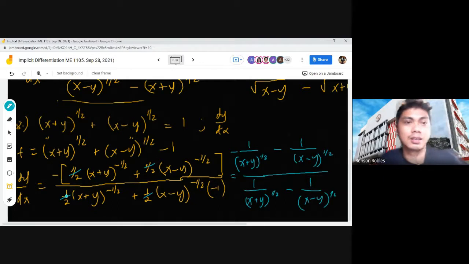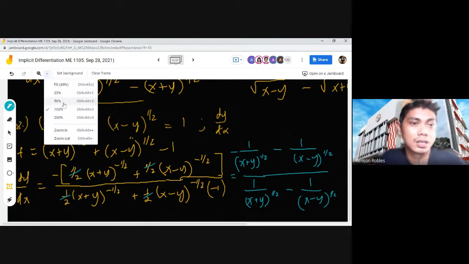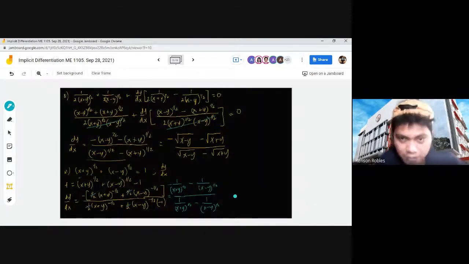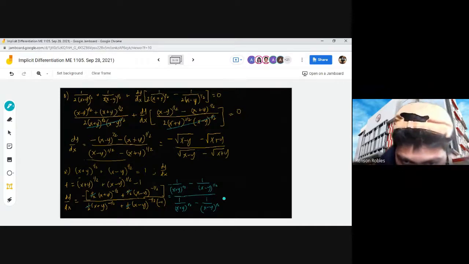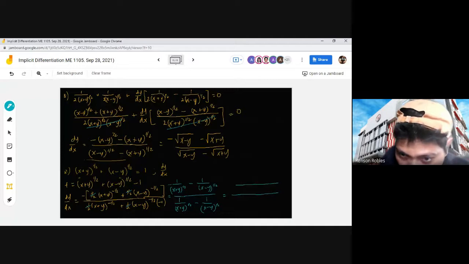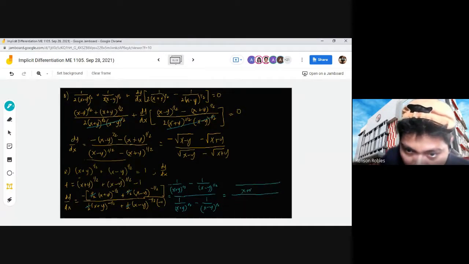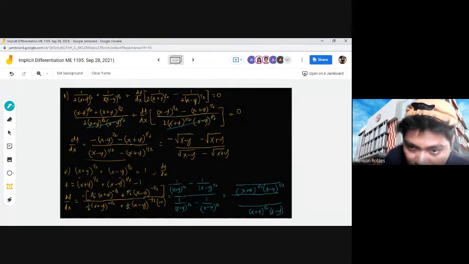All right? And then, let me see. Sige, kaya pa. Equals, get the LCD. X plus y raised to 1/2, x minus y raised to 1/2. Then you do the same here. X plus y raised to 1/2, x minus y raised to 1/2.